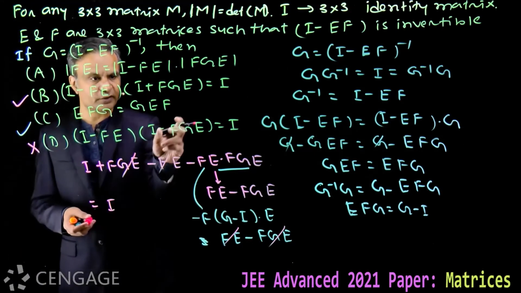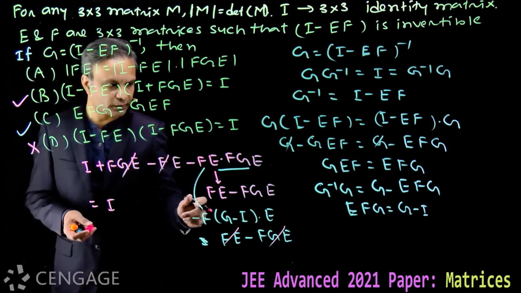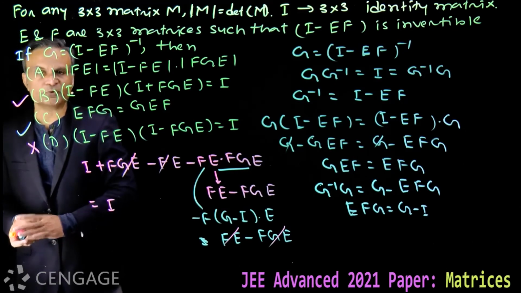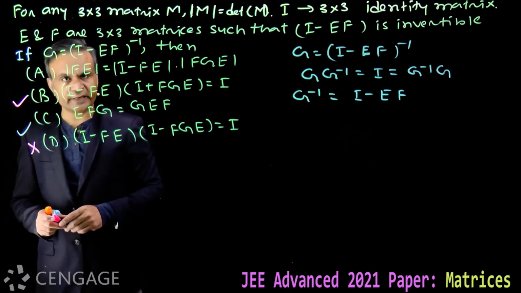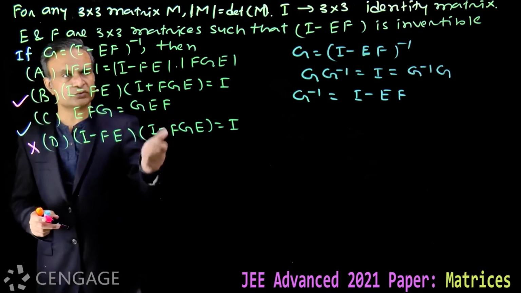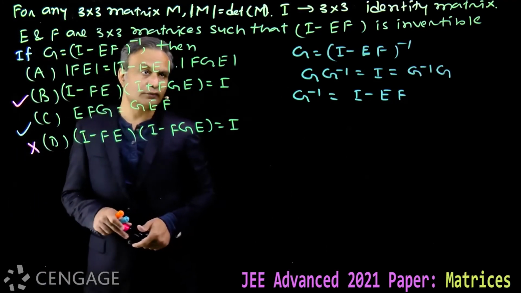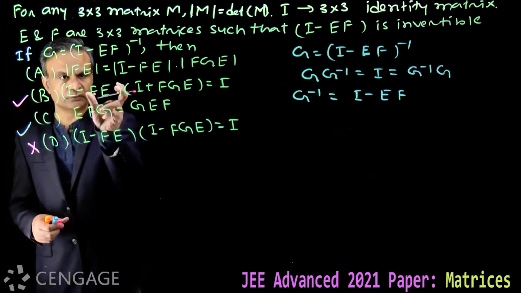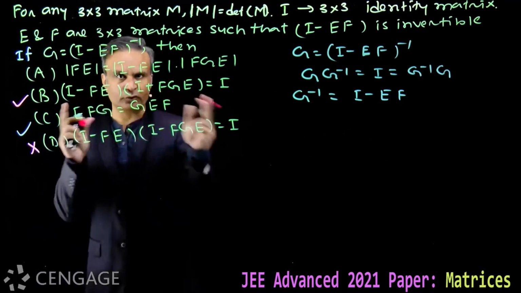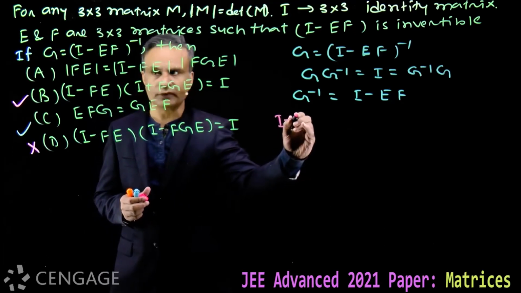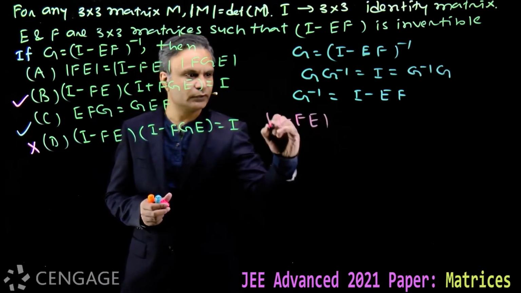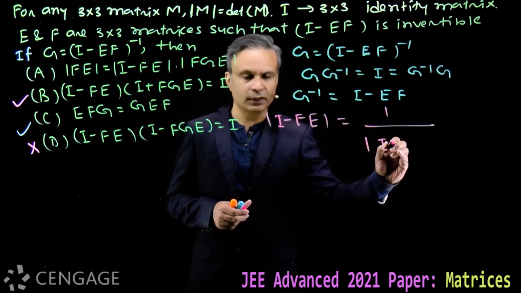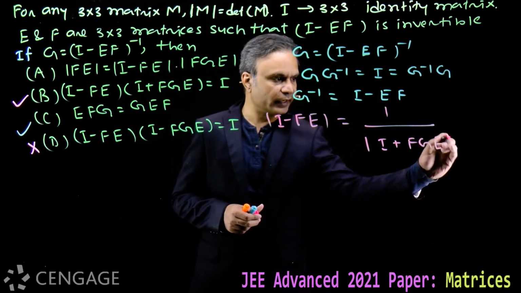The reason is if we have a minus sign here, then we will not have cancellations. Okay, now option A. Option A is modulus of FE is equal to modulus of (I minus FE) into modulus of FGE. For this we can use option B. We have this product is equal to I. Taking modulus on both sides, we get modulus of (I minus FE) is equal to 1 upon modulus of (I plus FGE).